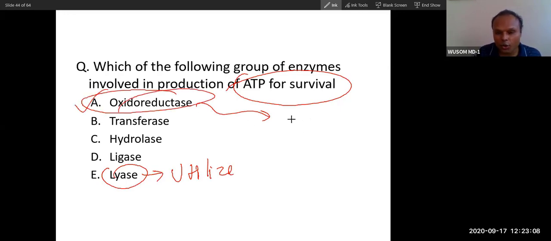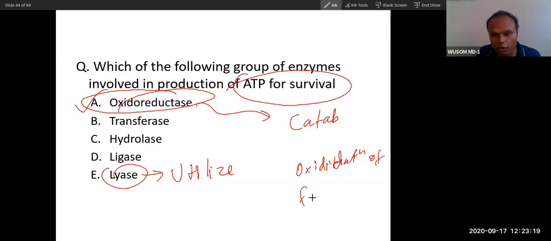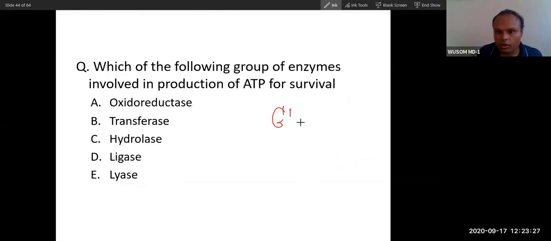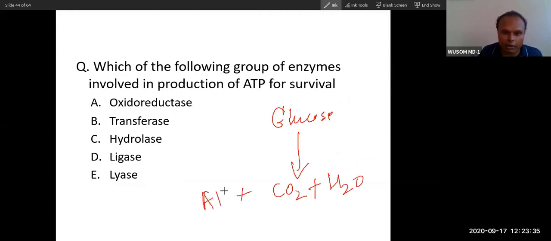Because you know catabolism, any oxidation will produce energy. Oxidation of fuel will produce energy. The same thing happens in our body. When glucose is converted into CO2 and H2O, what happens? Energy will be released and ATP will be produced.